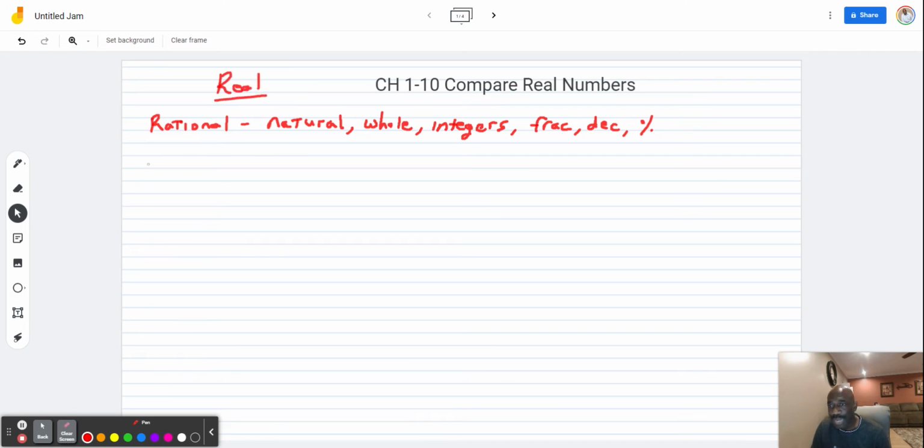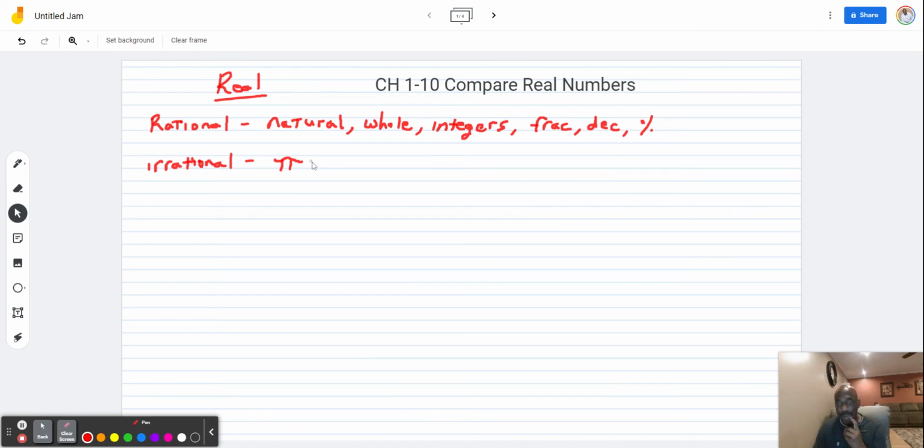Okay. So now let me tell you what an irrational number is. It is also a real number. But it also includes some numbers that's not natural, whole, integers, fractions, decimals, percents, anything like that. It's not that. So an irrational number would be a number that's not rational, which are numbers like this.